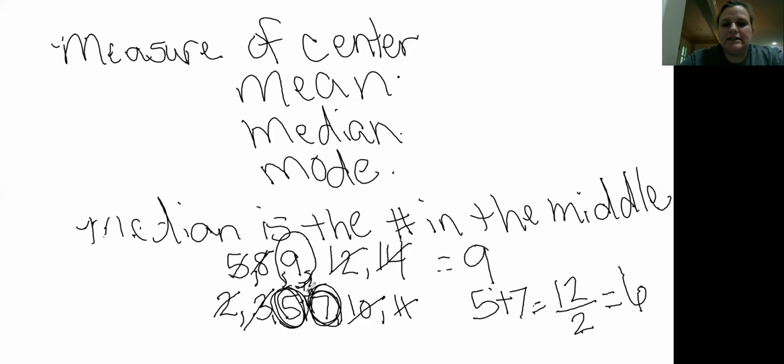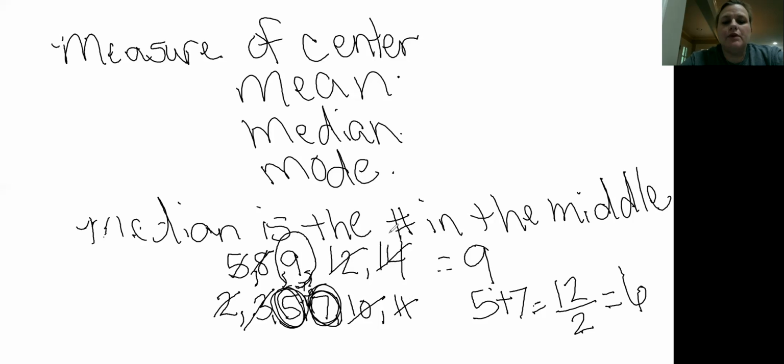And we've already decided 6 had to be the middle number because it was the only number between 5 and 7. Now notice that to find the median, these numbers are listed from least to greatest. So if your data is not listed least to greatest, you will need to do that part.